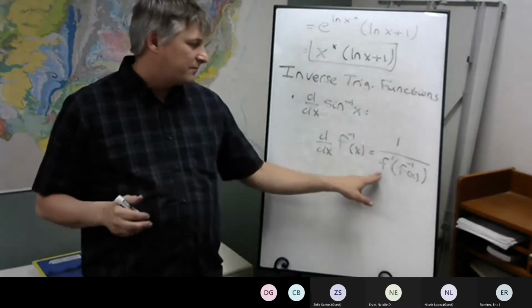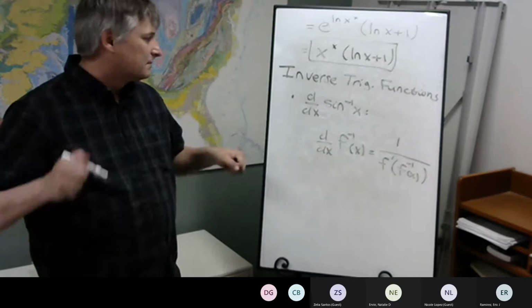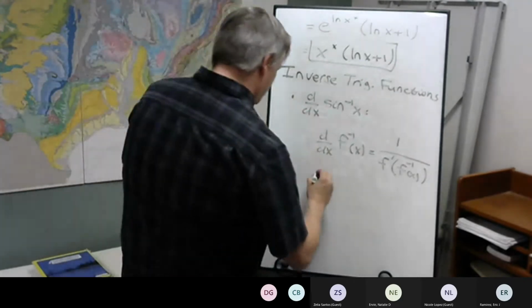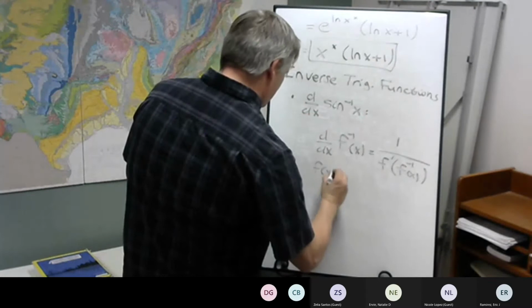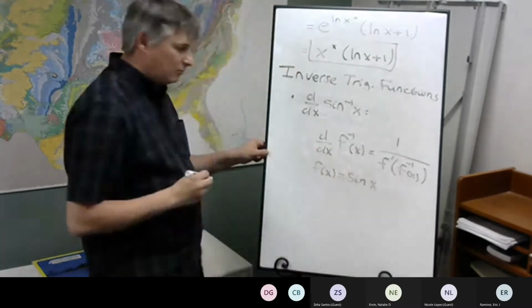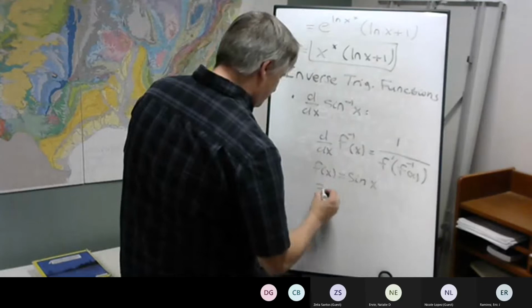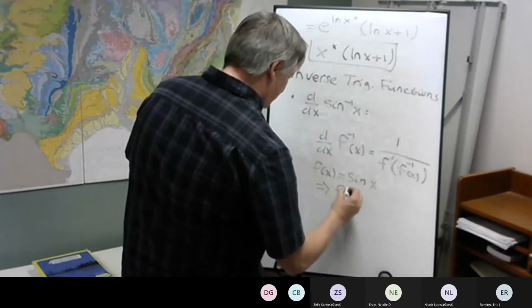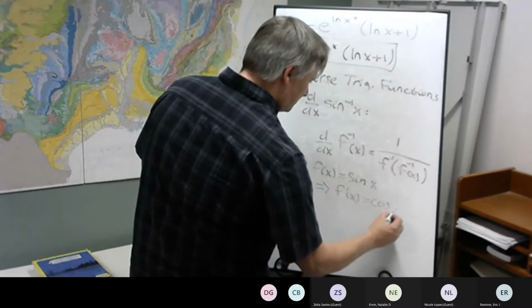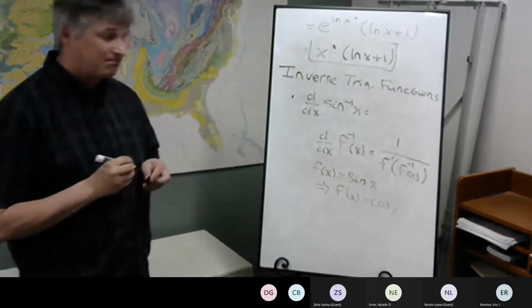Now, we need to know f prime. So we've got f inverse, so f is going to be sine x, which implies that f prime of x is the cosine of x.